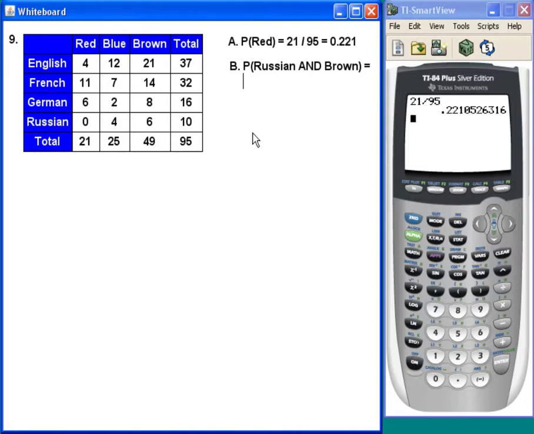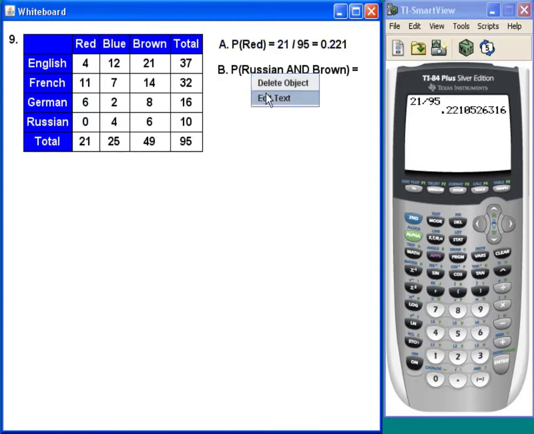Well, in order to get this, what we need to do is find out how many Russian authors there were that had books with brown bindings. So for an and probability on a contingency table like this, this is actually pretty simple.